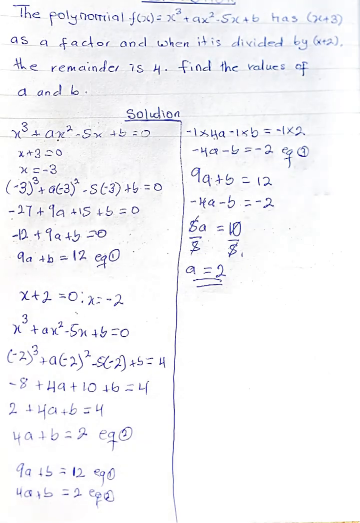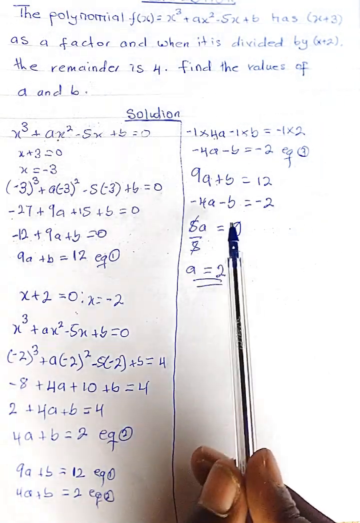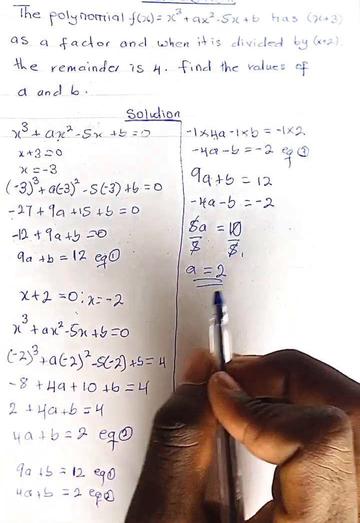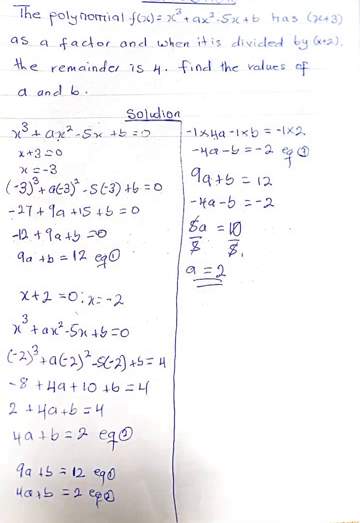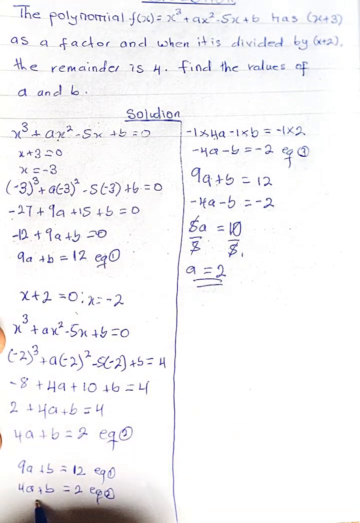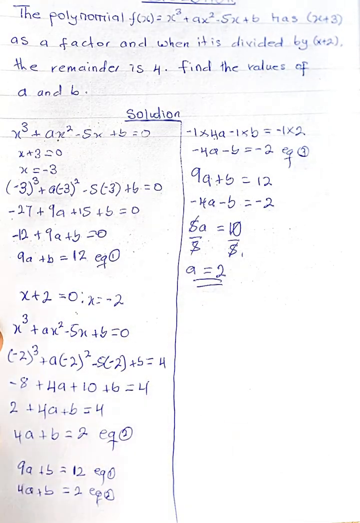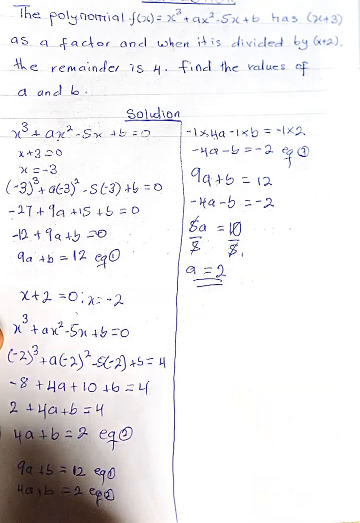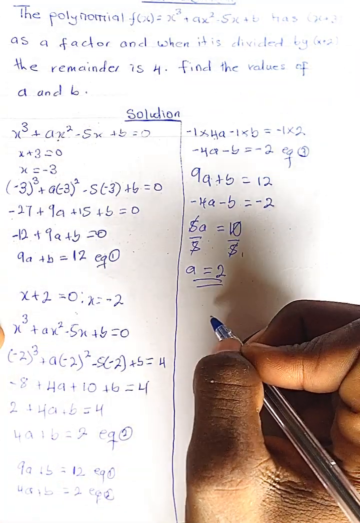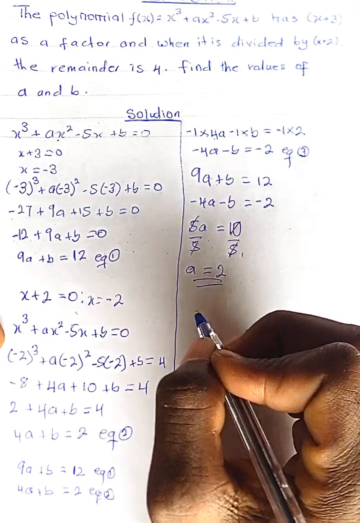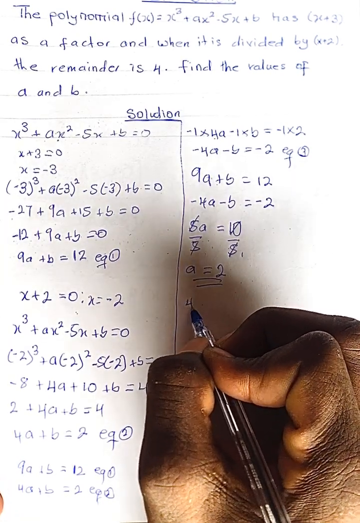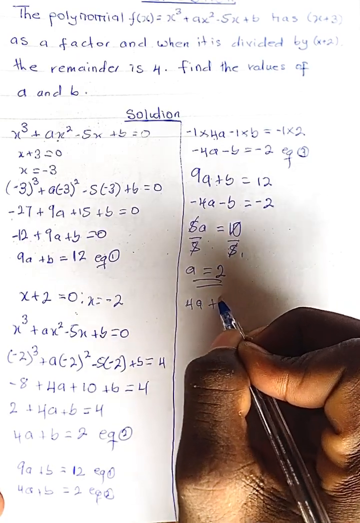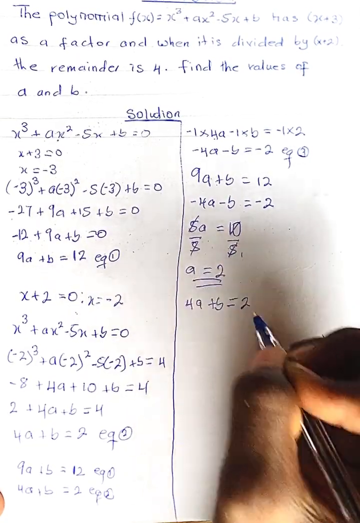To get the value of b, we are going to substitute the value of a into one of the equations. Let's take equation 2. We have 4a plus b is equal to 2.